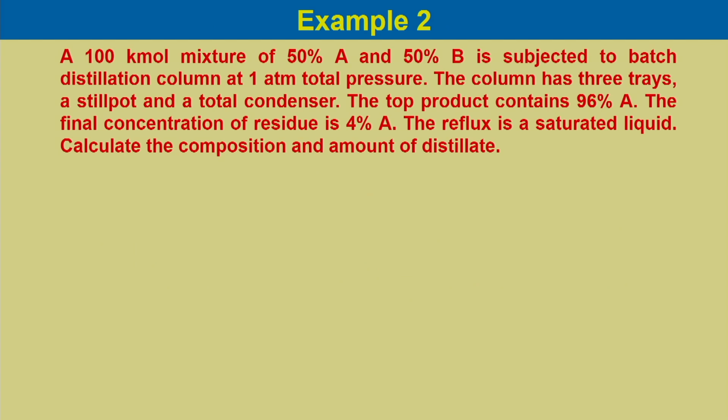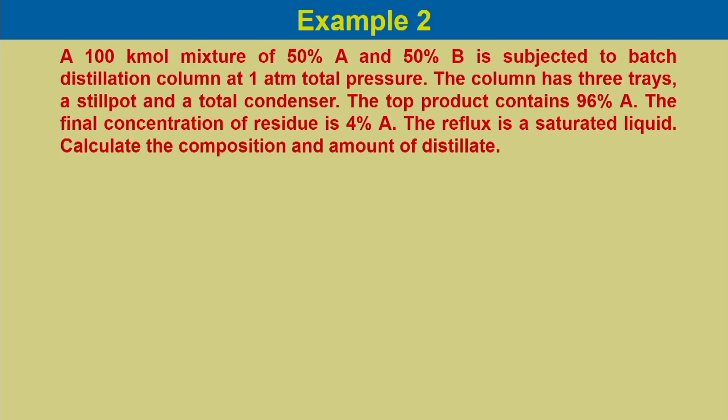Now, let us take an example. A 100 kilomole mixture of 50 mole percent A and 50 mole percent B is subjected to batch distillation at 1 atmosphere pressure. The column has 3 trays, a still pot and a total condenser. The top product contains 96% A. The final concentration of the residue is 4% A. The reflux is a saturated liquid.